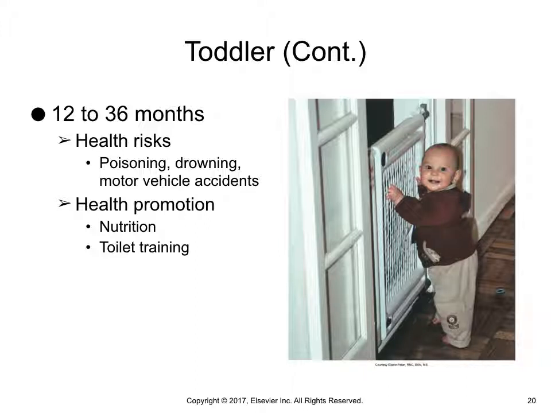Motor vehicle accidents also account for half of all accidental deaths in children between the ages of 1 and 4 years. Some of these deaths are the result of unrestrained children, and some are attributed to injuries within the car resulting from not using car seat safety guidelines. Toddlers who become ill and require hospitalization are most stressed by separation from their parents.